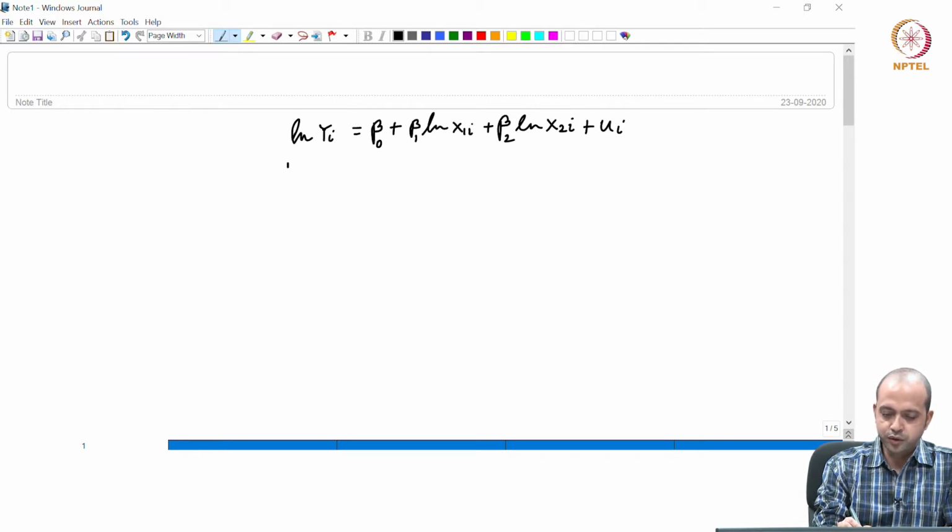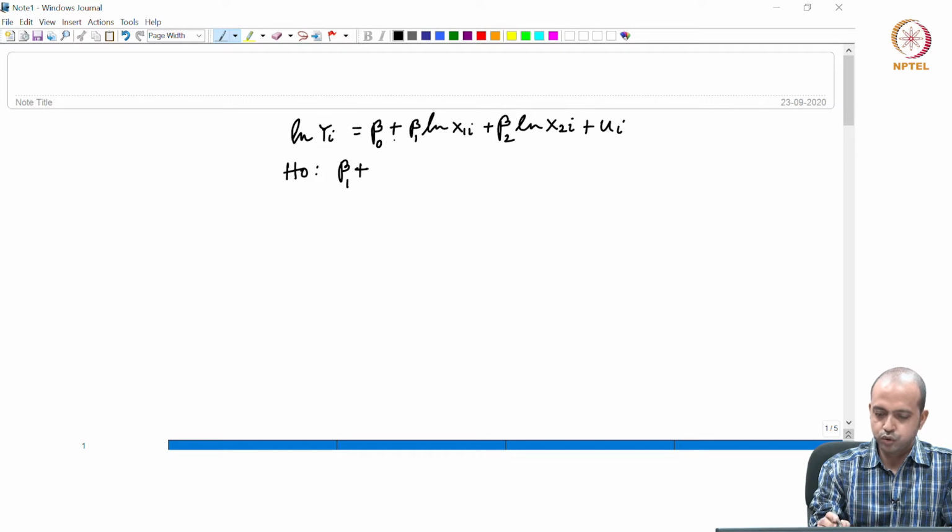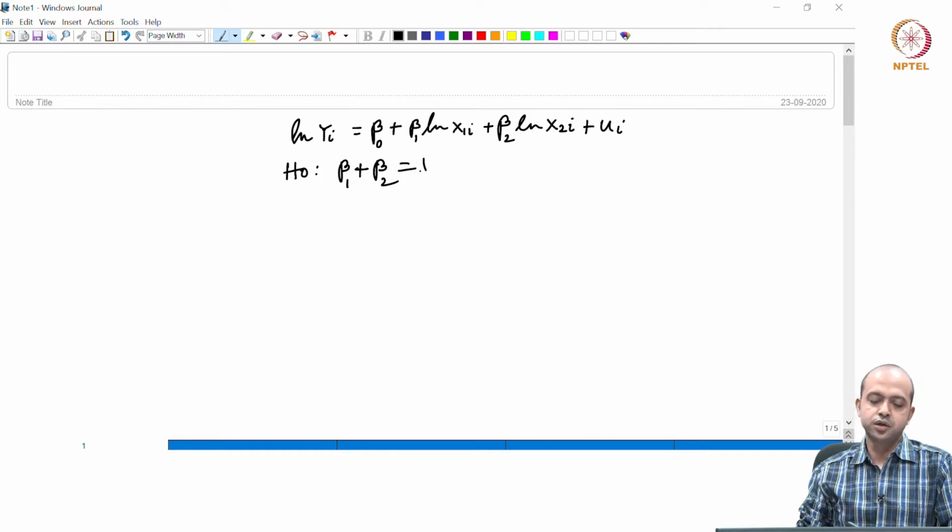our null hypothesis was H naught: beta 1 plus beta 2 equals 1. This is the null hypothesis that we are testing. And what is the implication of this particular null hypothesis?